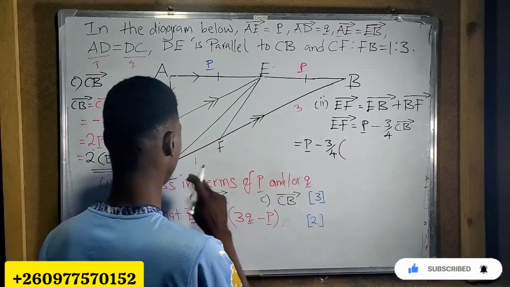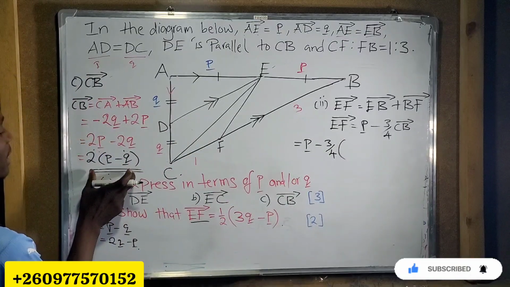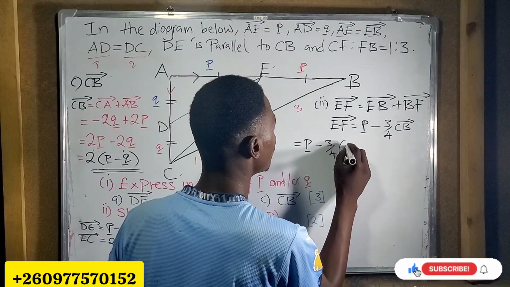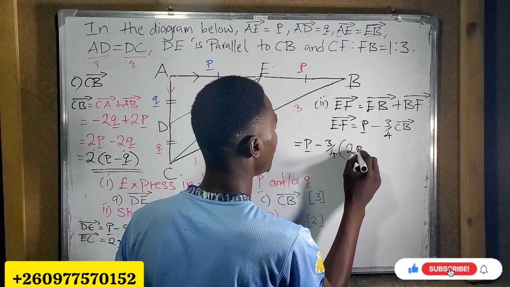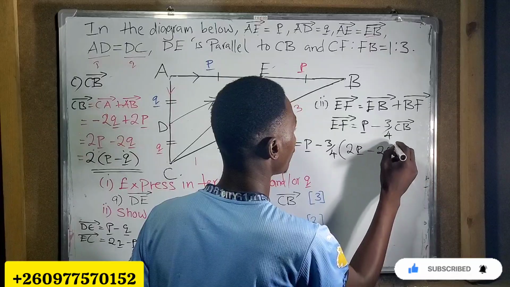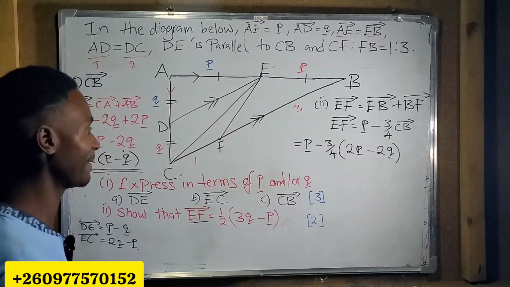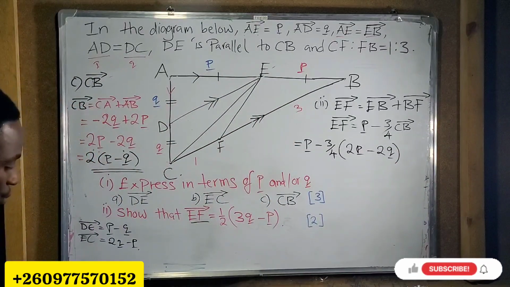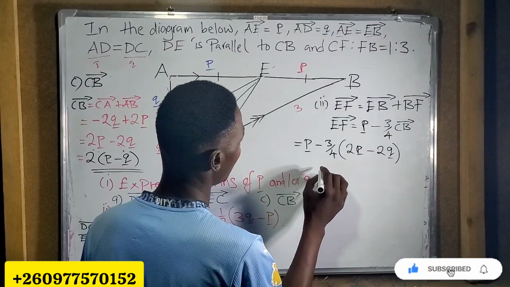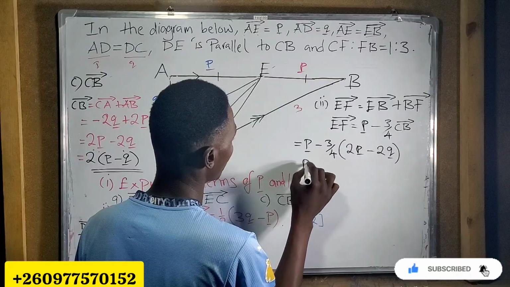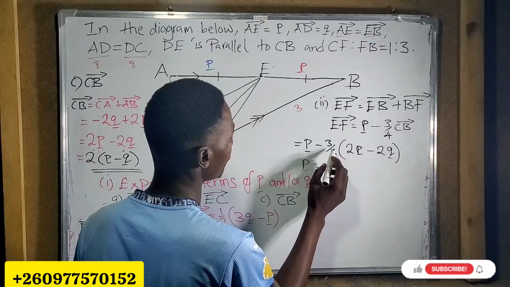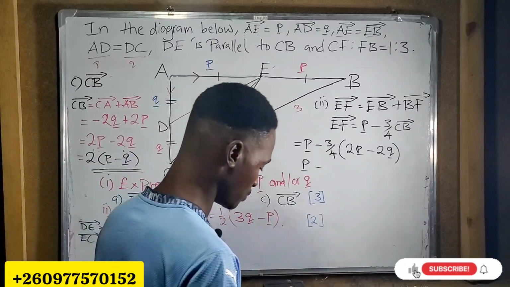Okay, open bracket. What is CB? Just get the expanded one. So we're going to get 2 vector P minus 2 vector Q. Then we're going to expand here. So we're going to maintain P here. Vector P, negative times negative, there is an invisible positive there, it will be just positive. Now here you can just do the calculations.